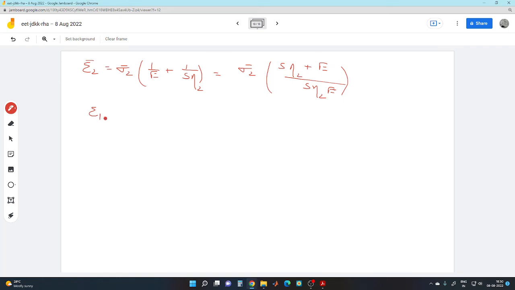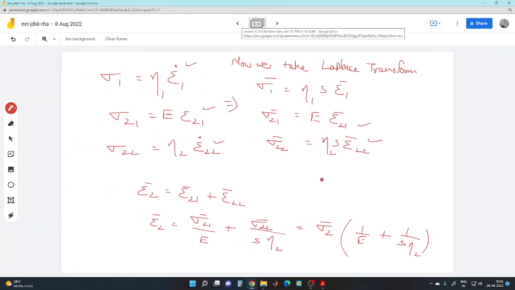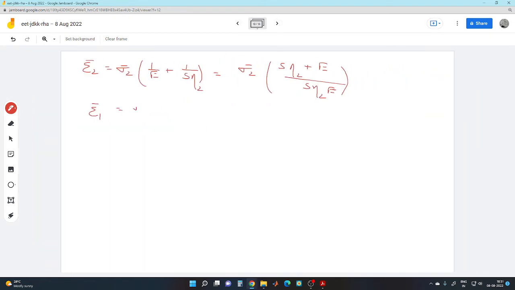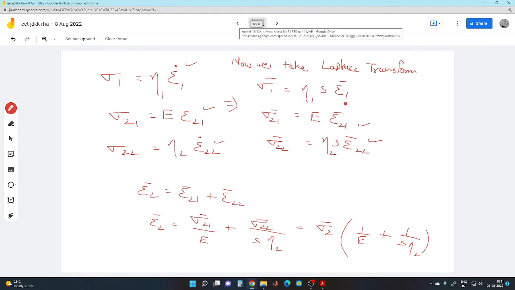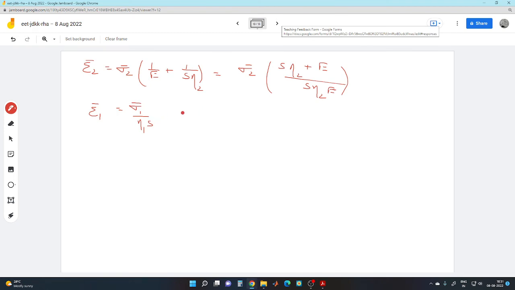And we know that epsilon 1 is equal to sigma 1 upon eta 1 s, right? From this relation. So here we can simply write that sigma is equal to sigma 1 plus sigma 2.